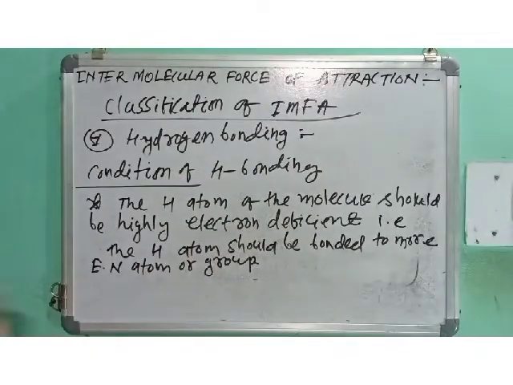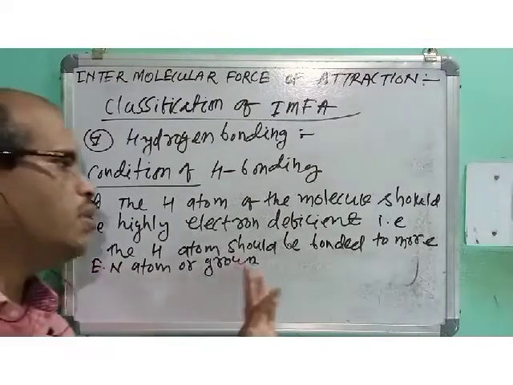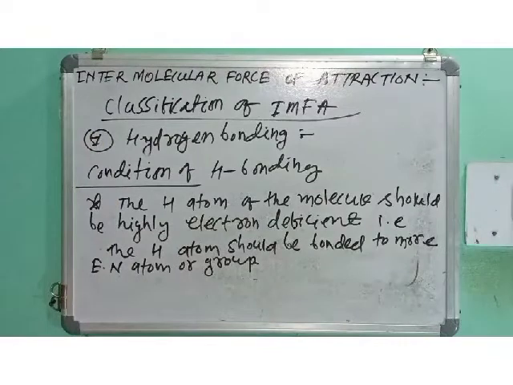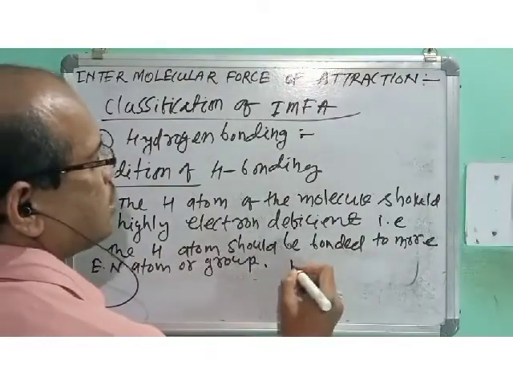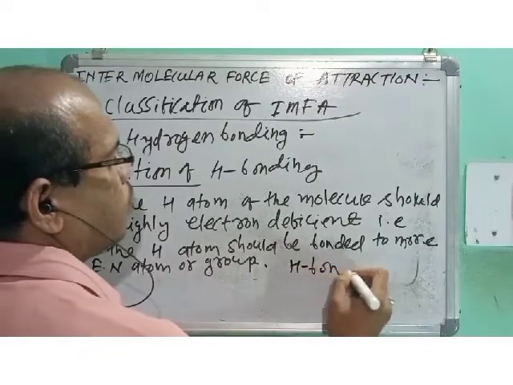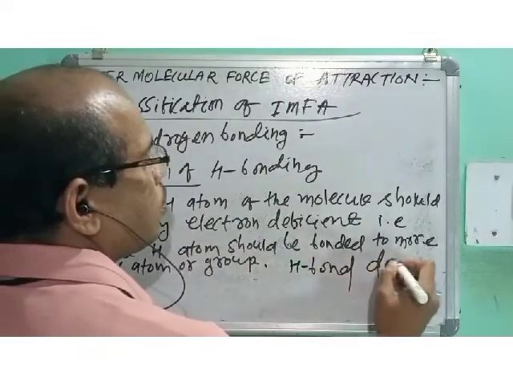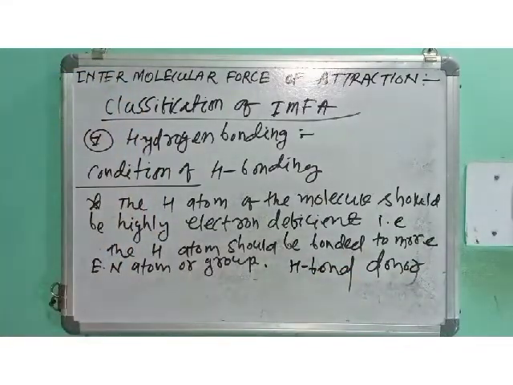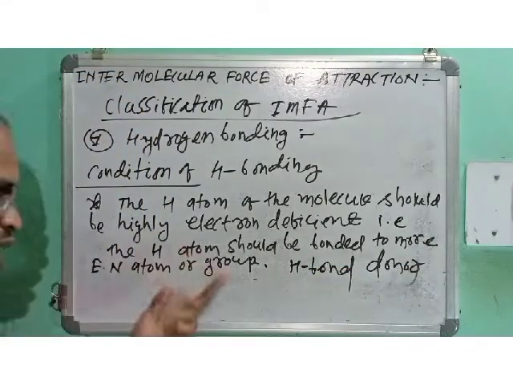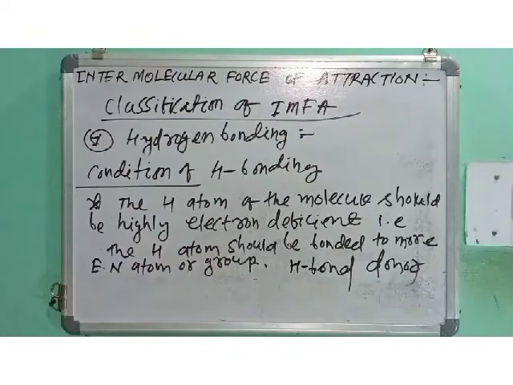That means the hydrogen atom of the molecule should be highly electron deficient, and for electron deficiency, the hydrogen should be bonded to more electronegative atom or group. And such type of molecules is known as hydrogen bond donors. If the molecule satisfies this condition, it is called a hydrogen bond donor.